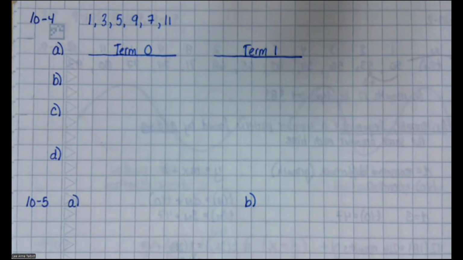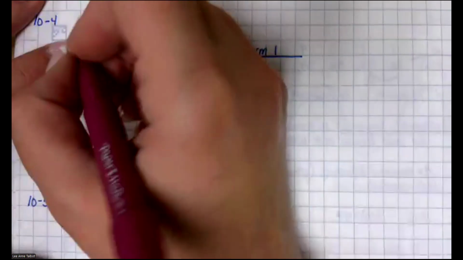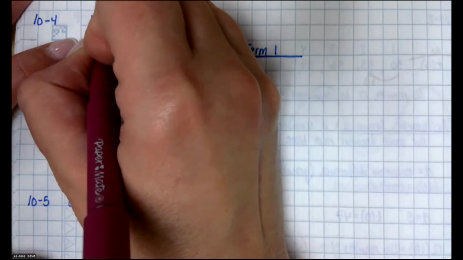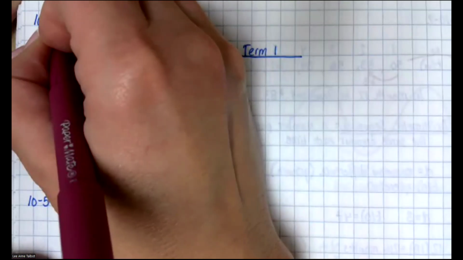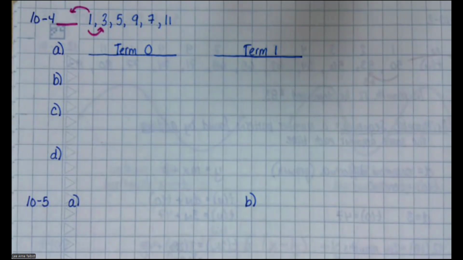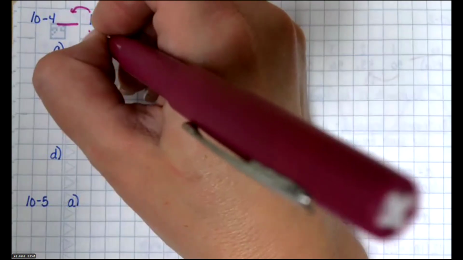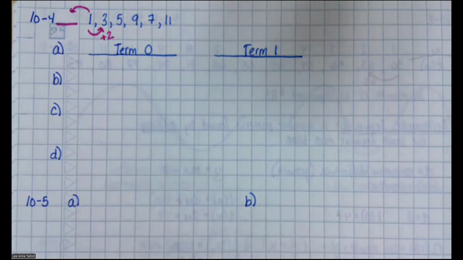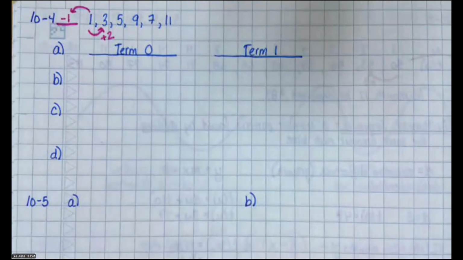You don't have to write it 2 different ways, but this is just me reteaching what I did yesterday afternoon. So I'm going to come back up to the sequence, and I'm going to say the growth is 2, and term 0 would be -1.